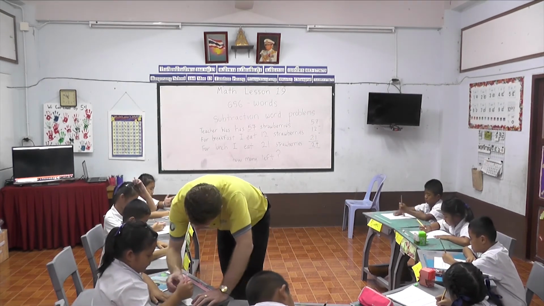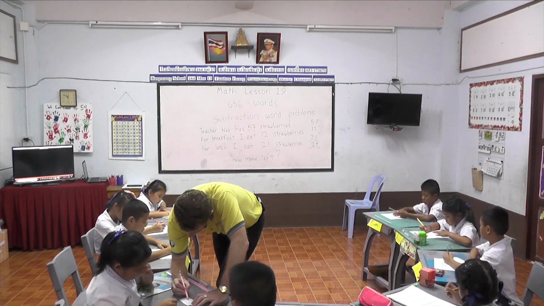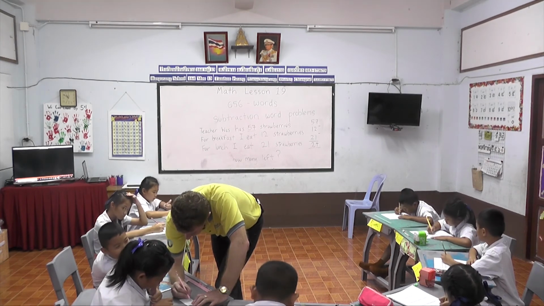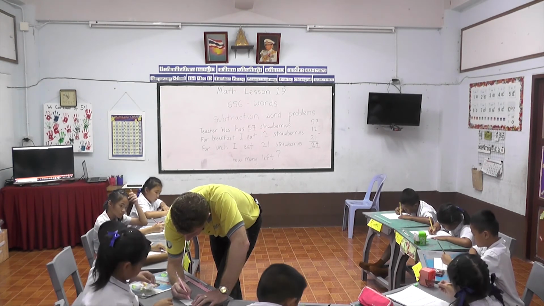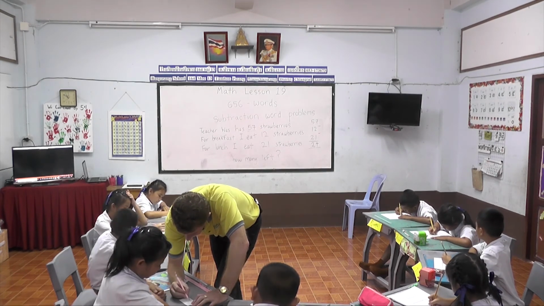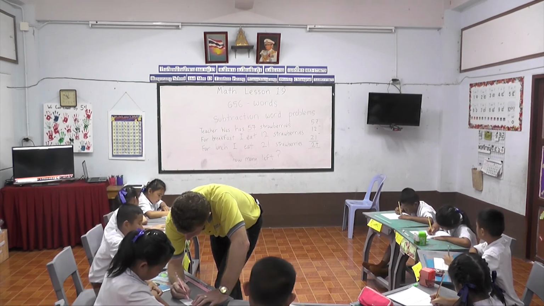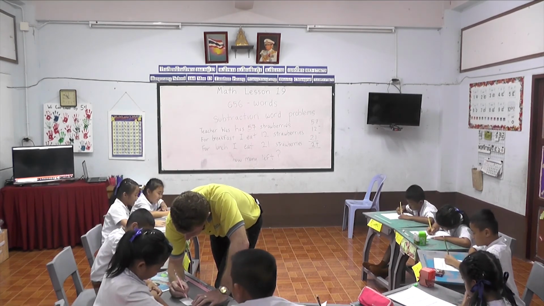So let's see. So 0 minus 8 we cannot do. We cannot borrow from 0. So what we need to do, 10 here, okay? So now we need to borrow. Make that to 9 and this to 10.